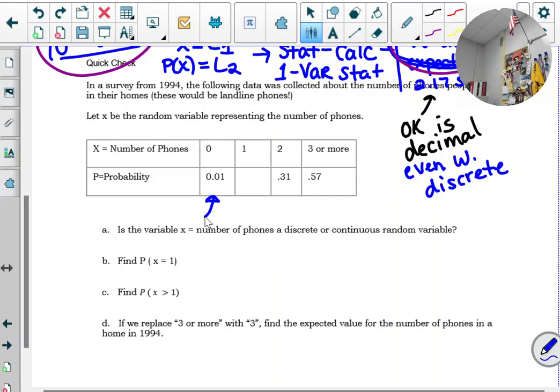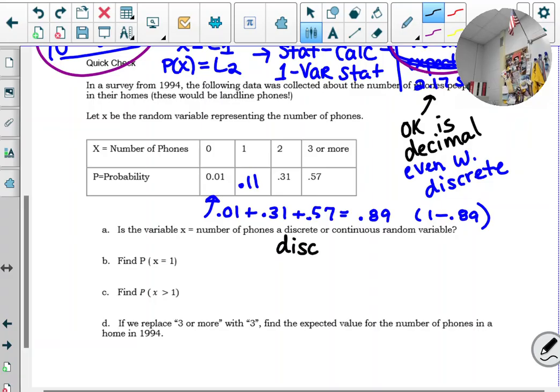And so we can determine the missing value. If I have the 0.01, and 0.31, and 0.57, which sums to 0.89, that would mean we would need about 11% having one phone. So this is definitely discrete. We're counting phones, so we're not going to have decimals. We have 0 or 1 or 2 or 3 or more.